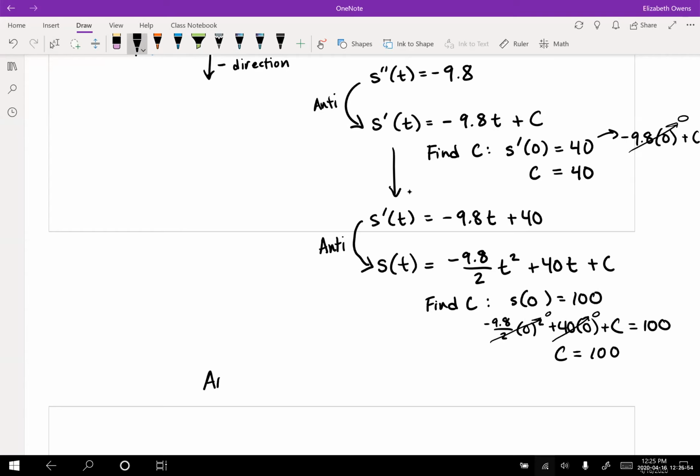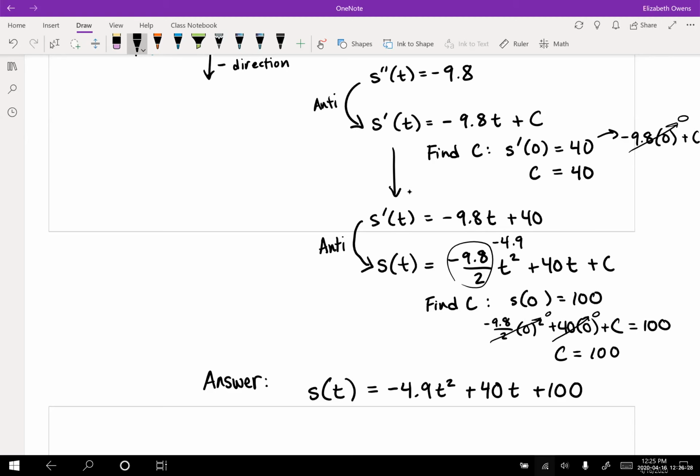The answer for the position function, it's going to look like s of t equals, let me actually just simplify that first. Yeah, Felipe, you simplified it too. So 9.8 divided by 2 is 4.9, so we can just do that. Negative 4.9 t squared plus 40t plus 100.